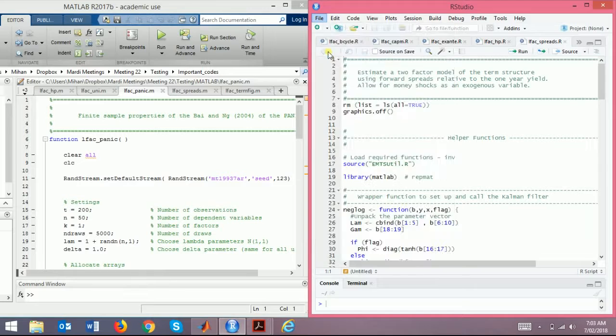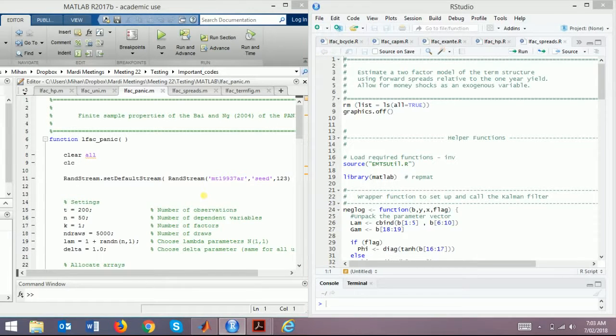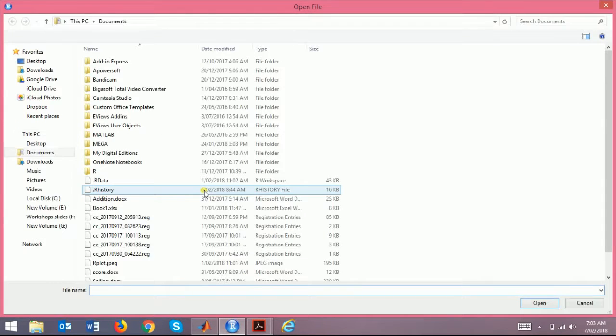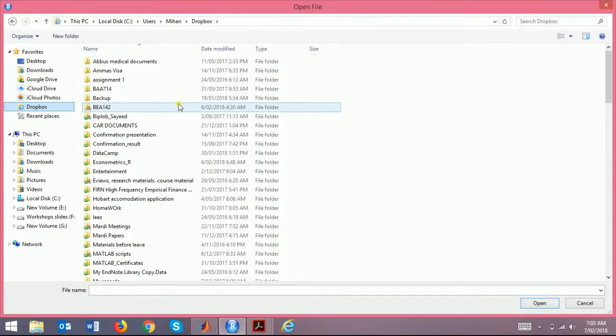Okay, let's open the panic model. Basically, there is one thing to remember. I'm sure we don't have to do the principal component estimation the way we did, because I think we have a principal component function available for R and MATLAB both, and we can simply estimate our model by calling the principal component analysis function.